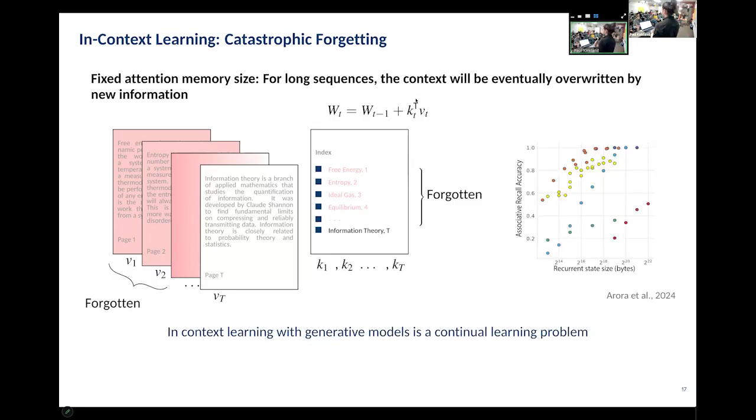And in fact, if you look at the capacity of these types of models, even those like Mamba and so on, you see their ability to recall, from 0 to 1 here, versus the recurrent state size. The size of this W here: if you reduce the size of that attention matrix, the accuracy goes down.